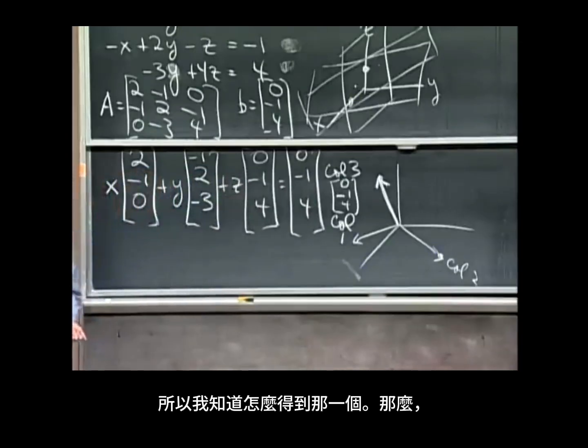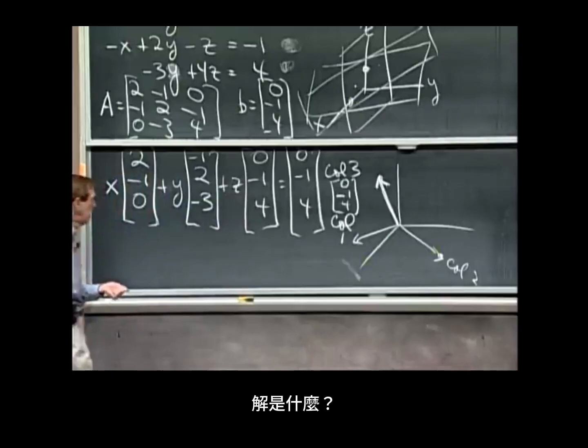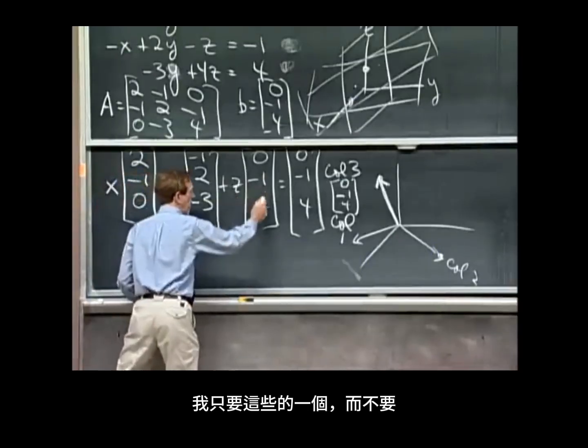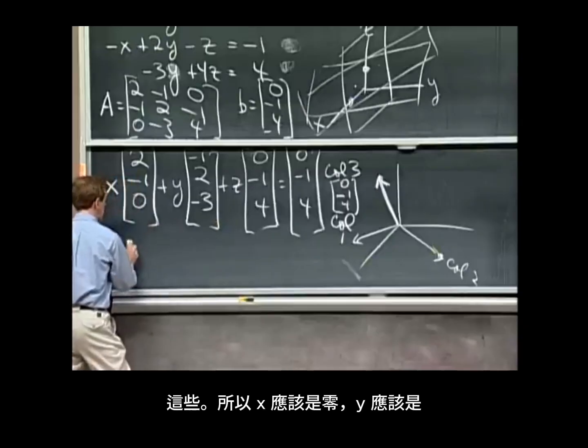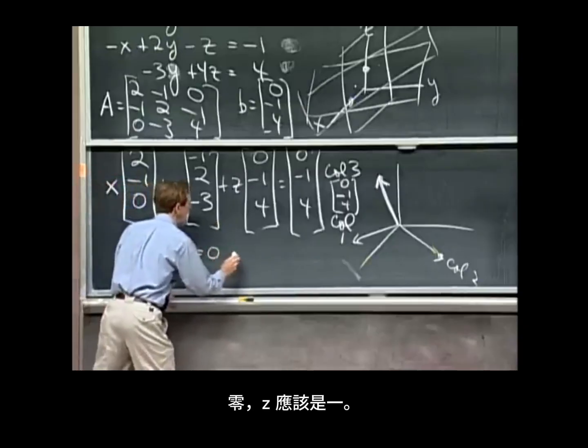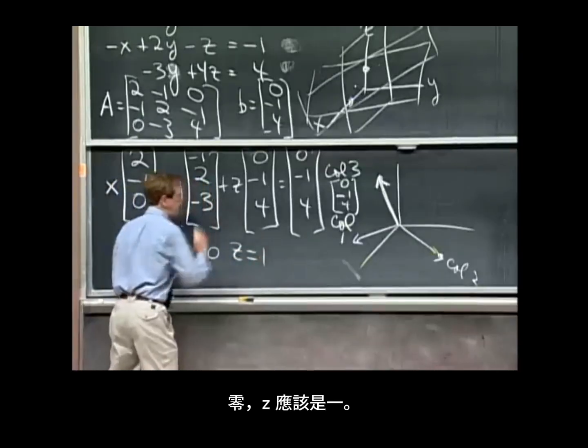So I know how to get that one. So what's the solution? What combination will work? I just want one of these and none of these. So x should be 0, y should be 0, and z should be 1.